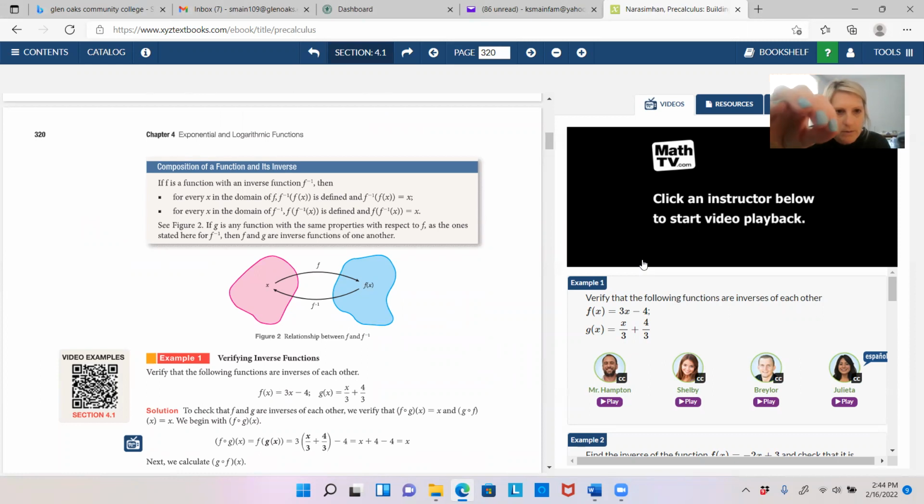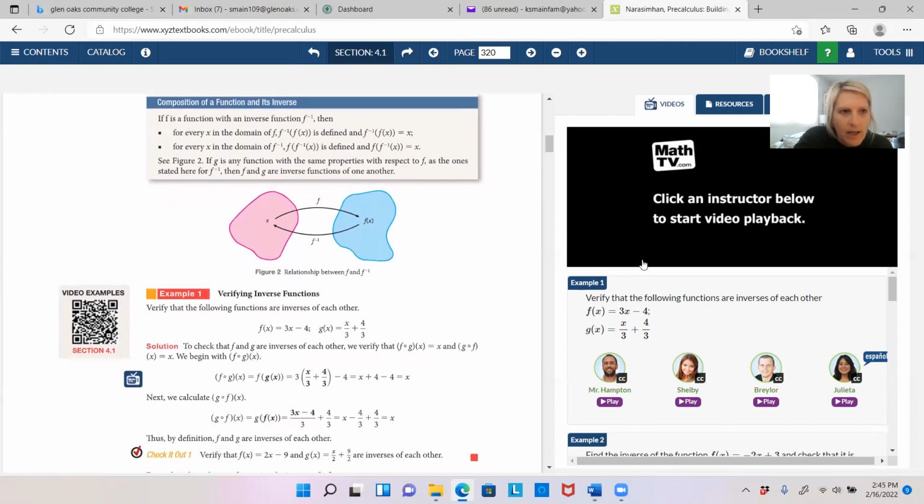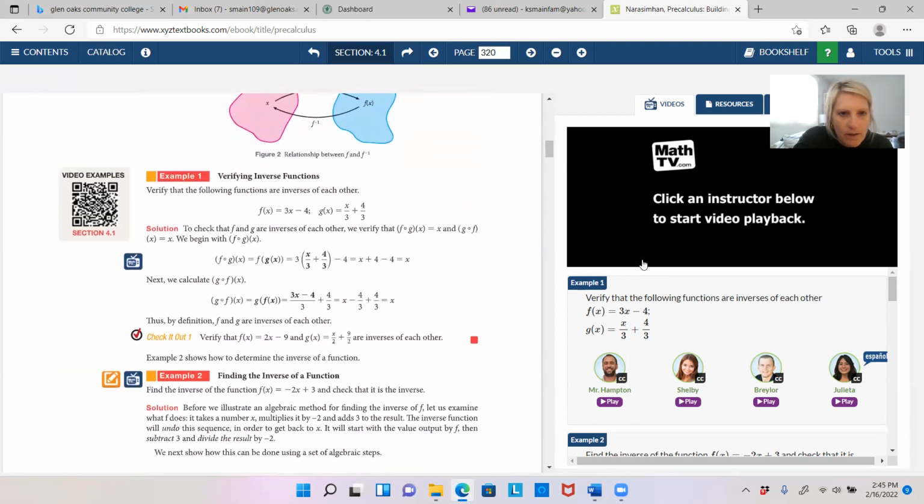If we compose f with its inverse and get x at the end, and we do the same thing, composing the inverse with f and get x at the end, then we know that they are inverses of one another. So that's one way to verify. You can see here on page 320, there's an example.